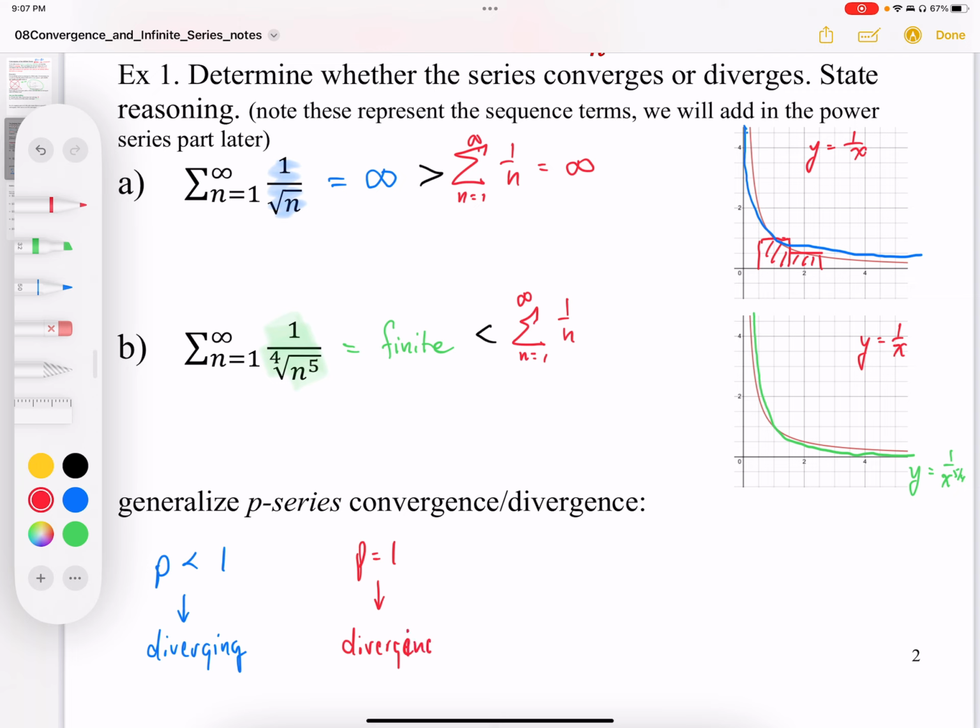This is diverging. And because this is our boundary function, once we get past that function, where p is greater than 1, we can say that this is converging. This is a standard that we're going to establish, and it's a very useful standard when we see any of these p-series.